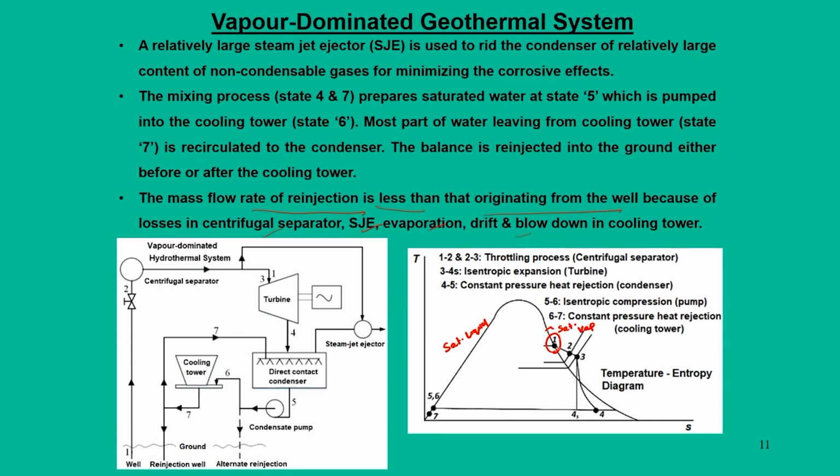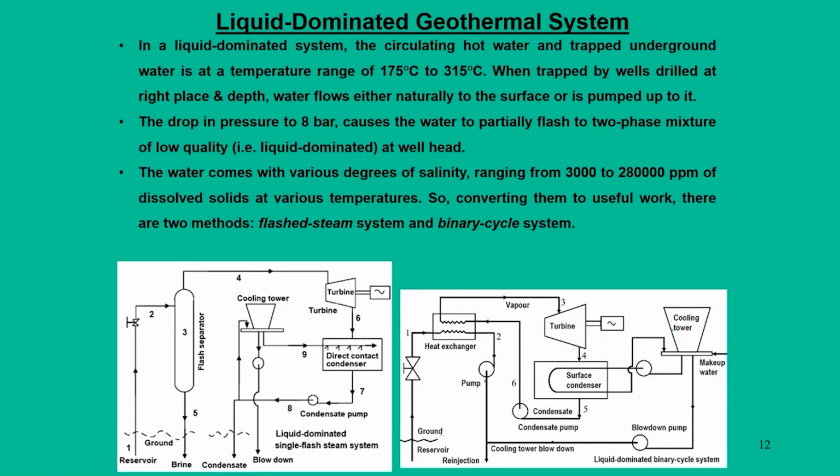So, in vapor dominated systems, the availability of your working fluid is already on the saturated vapor line. But in liquid dominated systems, the availability of working fluid is not at the saturated vapor line, rather it is close to the saturated liquid line. That is the essential difference between liquid dominated and vapor dominated systems.